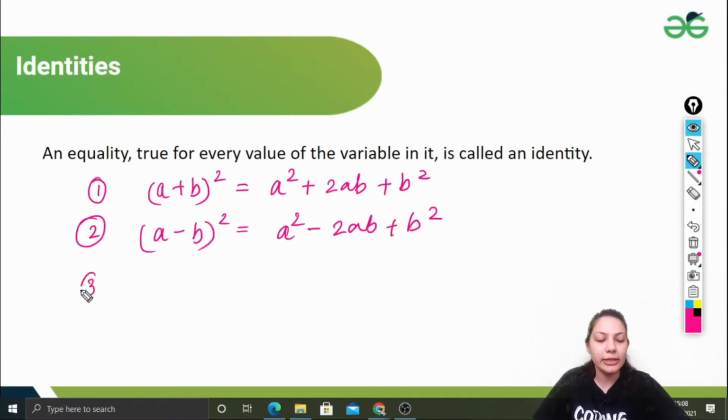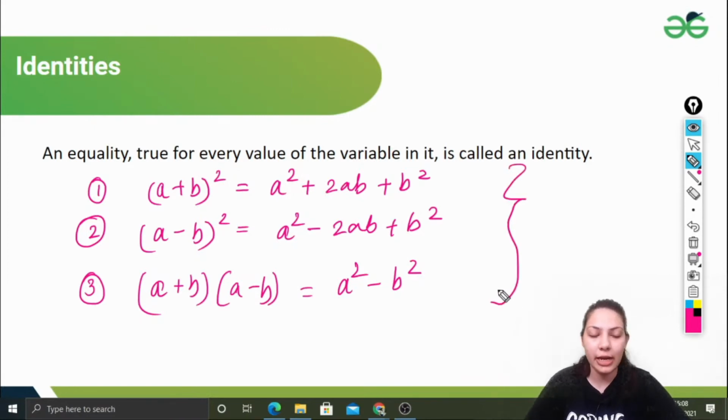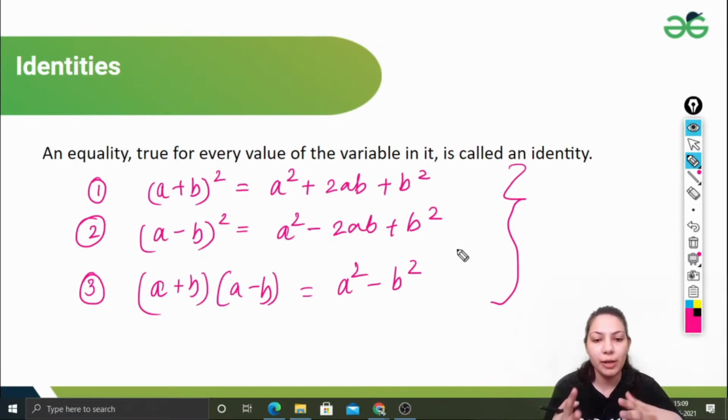And third identity and most important is a plus b multiplied by a minus b will result as a square minus b square. So these are the most important three identities which will be used in your every class and the upcoming classes as well. So just learn these identities by practicing more and more questions based on these identities.